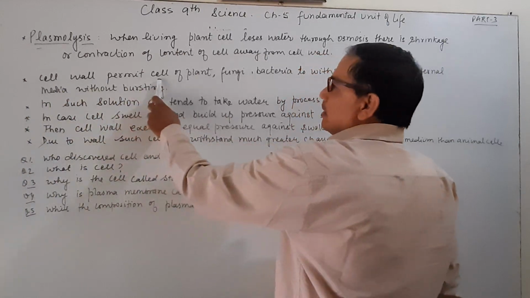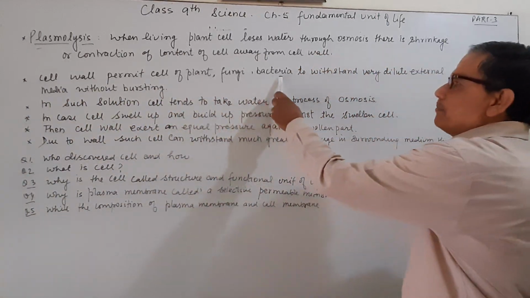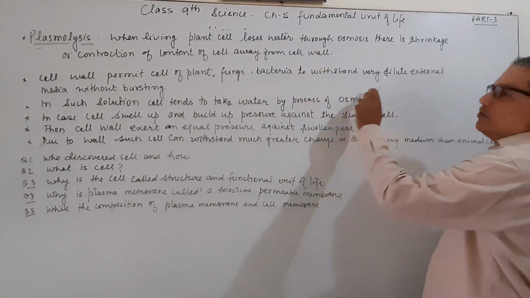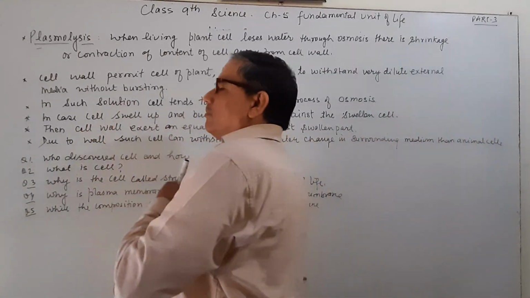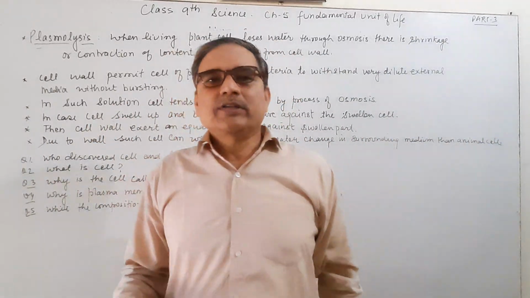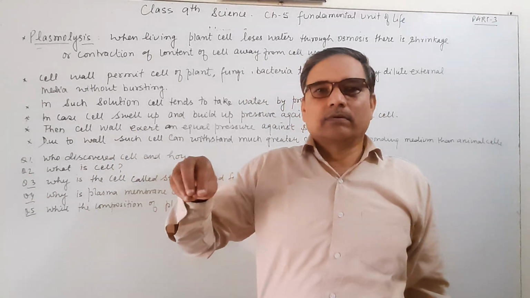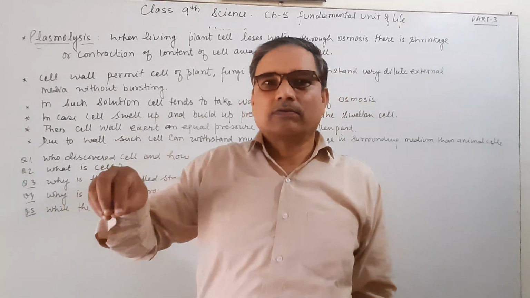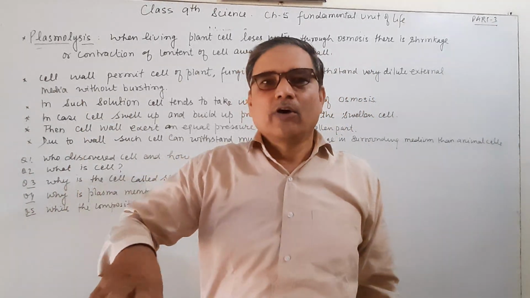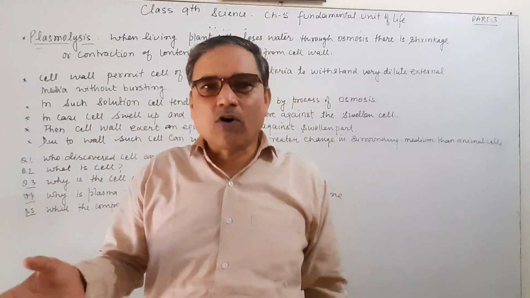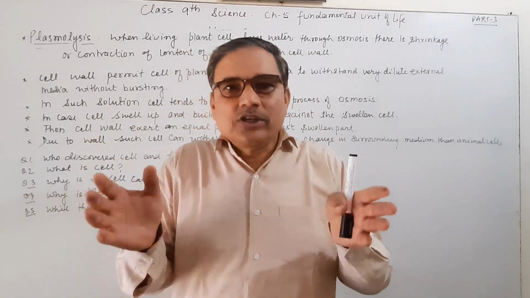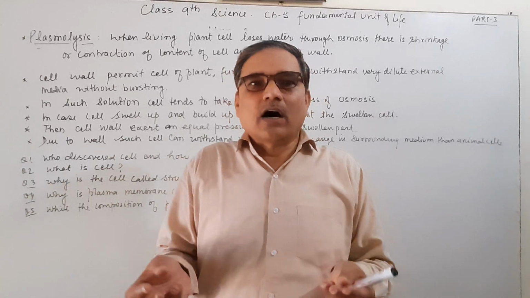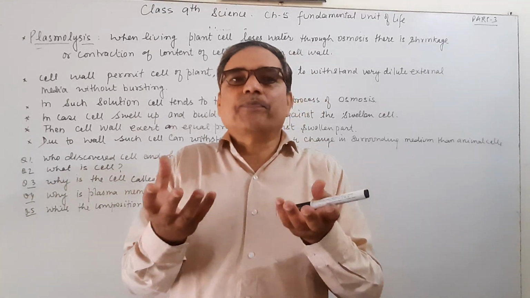Cell wall permits plants, fungi and bacteria to withstand a very dilute medium without bursting. Means when the plant cell, bacteria cell or fungi is put into a dilute solution, having more concentration of water, then these cells withstand a high pressure.